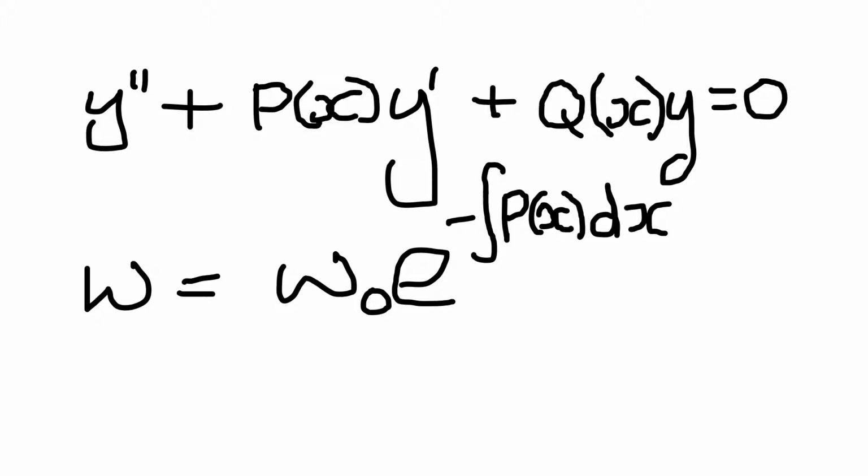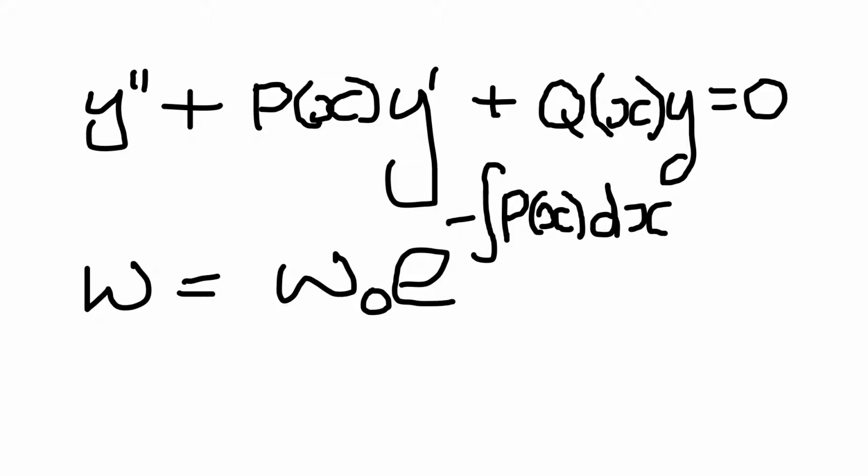So our equation is of the form y double prime plus p of x times y prime plus q of x times y equals 0. Now, as I said before, we're going to attempt to use the Wronskian in order to find at least our first linearly independent solution.